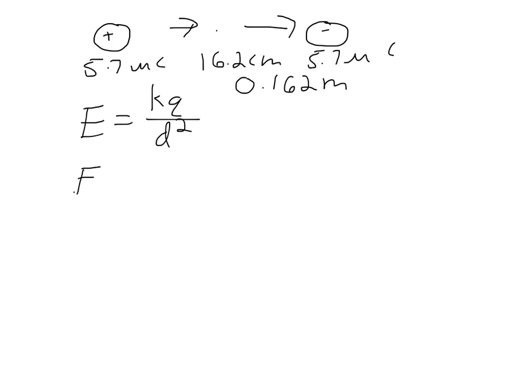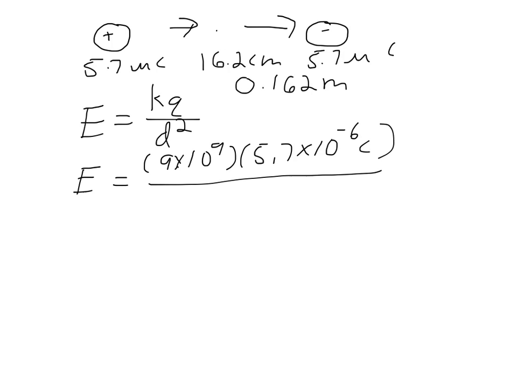So electric field is going to equal 9 times 10 to the 9th times the charge, which is 5.7 microcoulombs, so that's 5.7 times 10 to the negative 6 coulombs, over the distance to the midpoint, which is 0.081 meters, quantity squared.